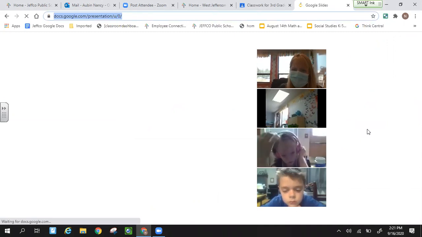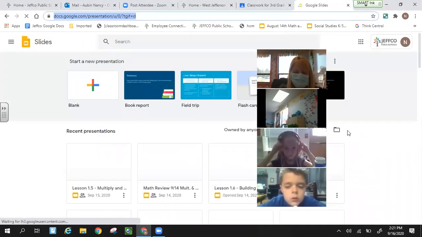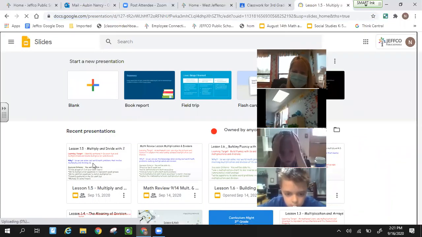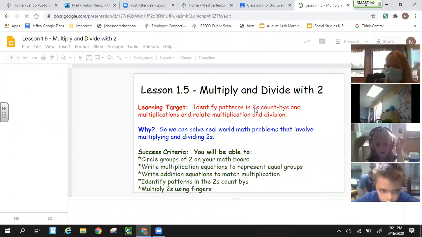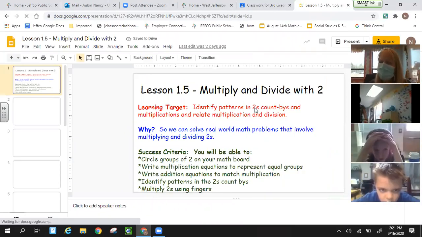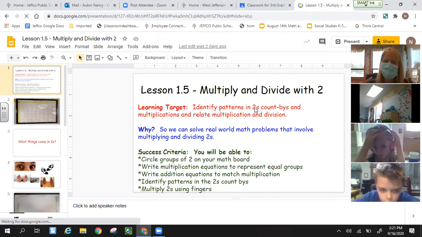So today we are going to be using our multiples of 2, and I think you're going to be pleasantly surprised because it is similar to 5s in the fact that we have been counting by 2 since kindergarten. And it's really not that much more difficult than that.